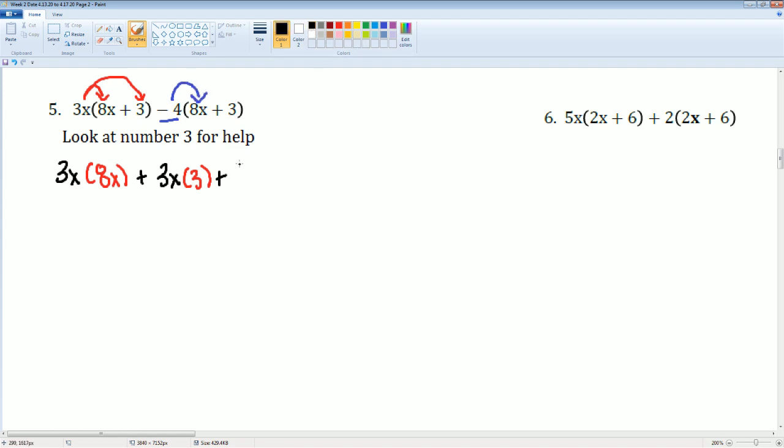So that is negative 4 times 8x. Okay? Plus negative 4 is going to be multiplied to 3. Be careful with that. Negative 4 times 3.